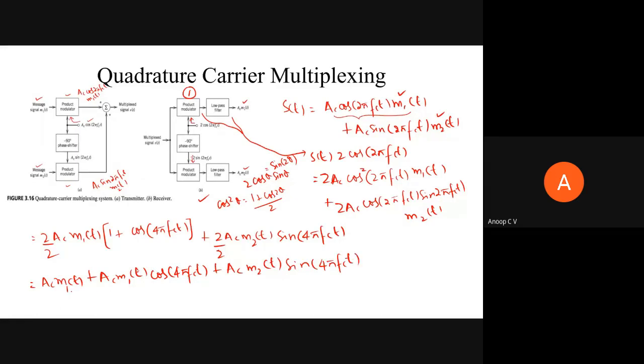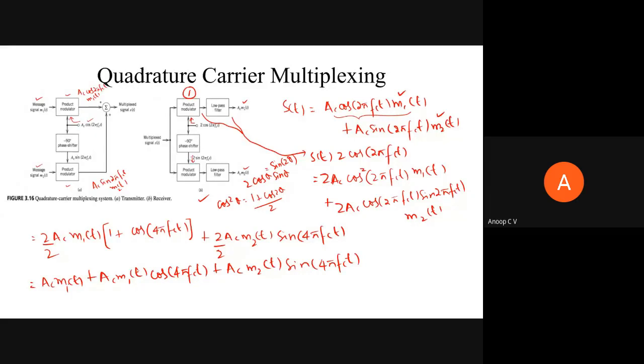So now this entire thing is passed through a low pass filter, which will allow the maximum frequency content of m1 of t or m2 of t.